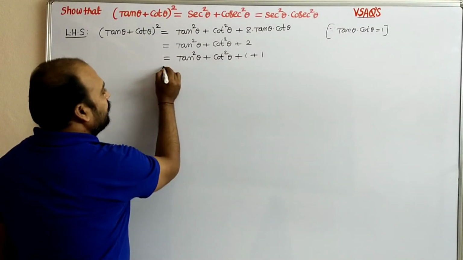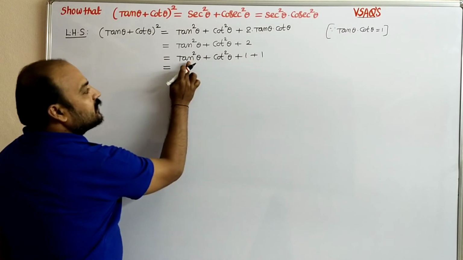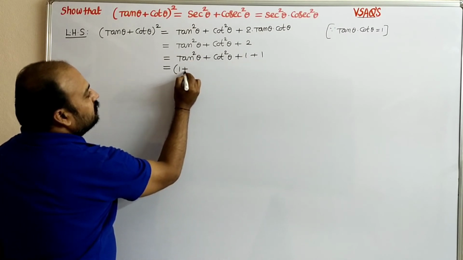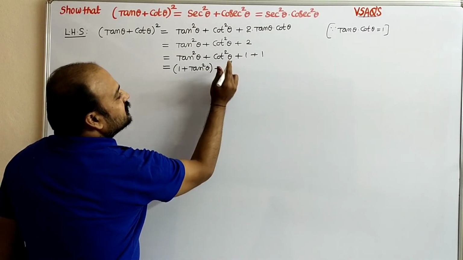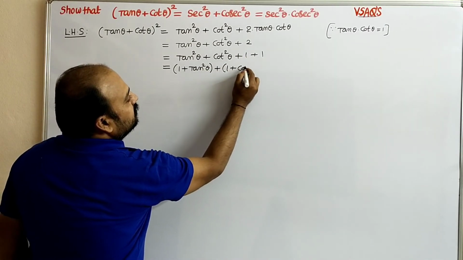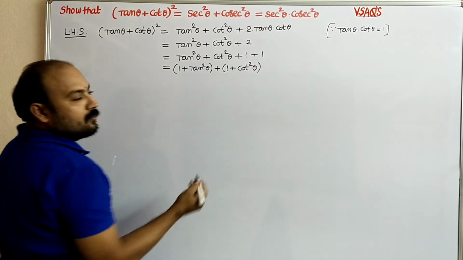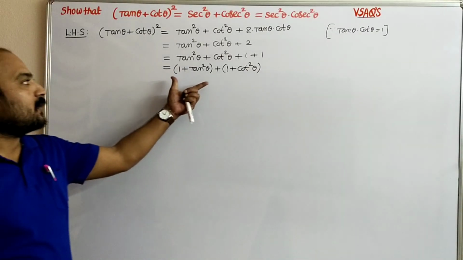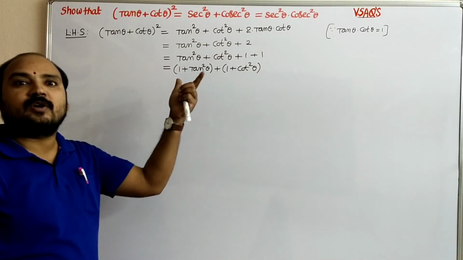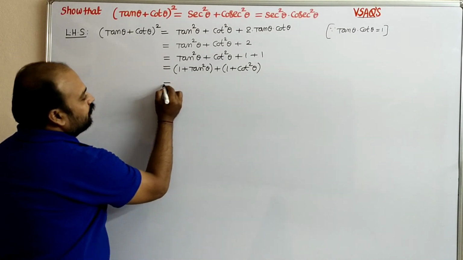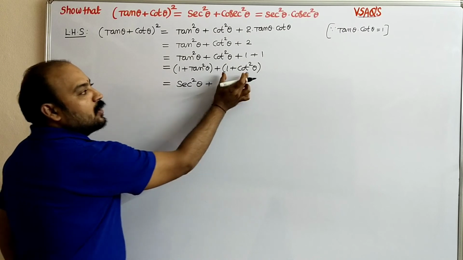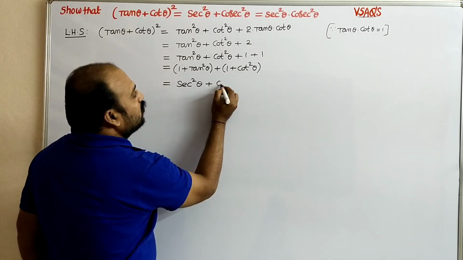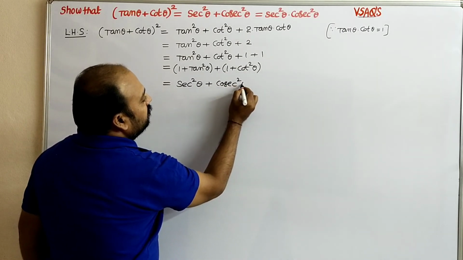In the next step, 1 plus tan square theta as one term, plus 1 plus cot square theta is another term. From trigonometric identities, 1 plus tan square theta value is called secant square theta, plus 1 plus cot square theta equal to cosecant square theta.